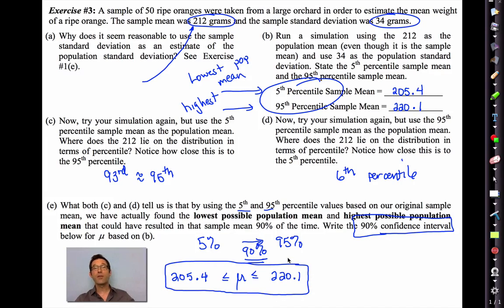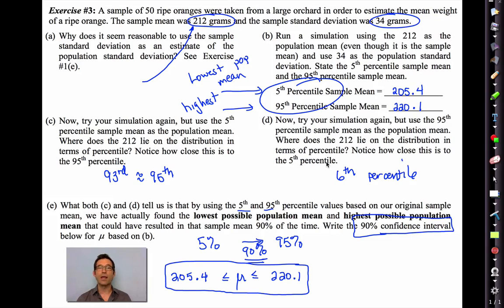All right, and it's funny, of course, because I've done these things many, many times, and so I've found different things as I've gone along, but I'm 90% confident that my population mean lies between 205.4 and 220.1 using simulation. Higher level statistics gets into all sorts of different techniques where you come up with confidence intervals, but for me, I have 90% confidence through simulation that my population mean lies somewhere in between those two numbers.